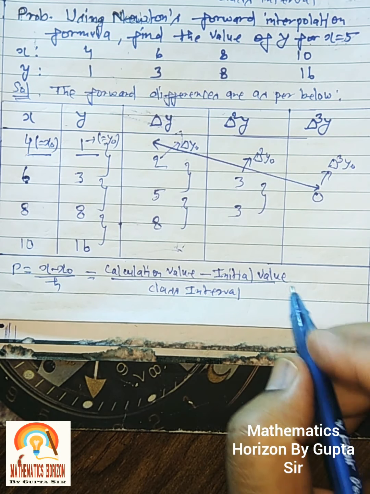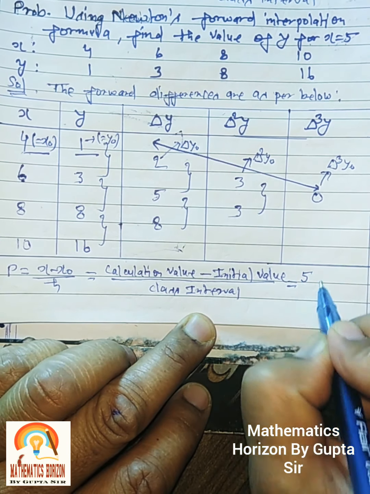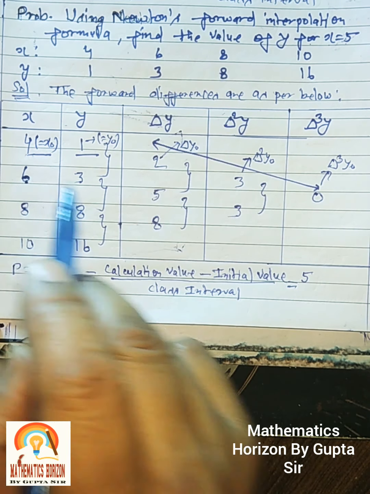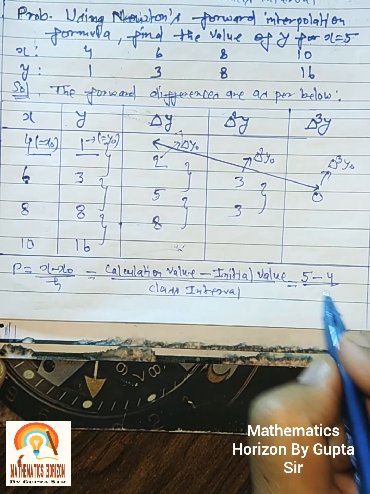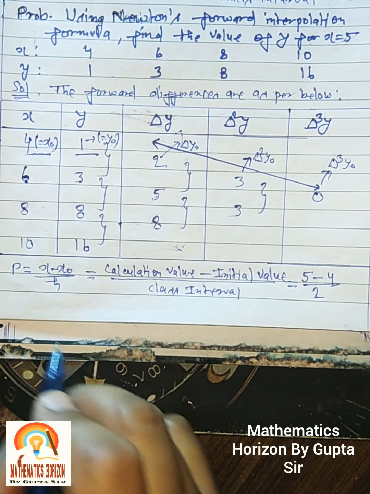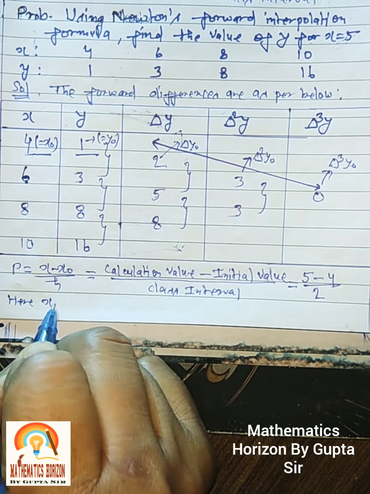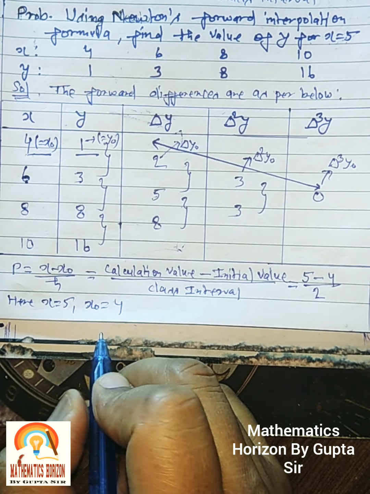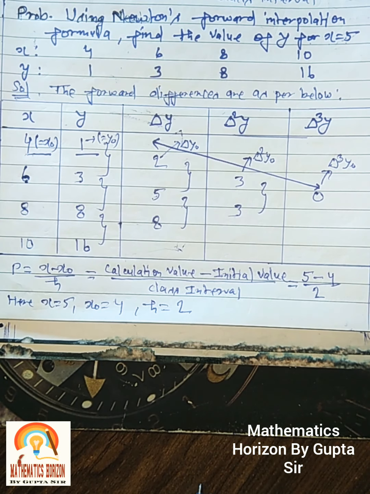Here the value of h is 2, and the calculation value is 5 minus the initial value. This is x0, the initial value, so 5 minus 4 upon the class interval 2. Here x equal to 5, x0 equal to 4, and class interval h is equal to 2.